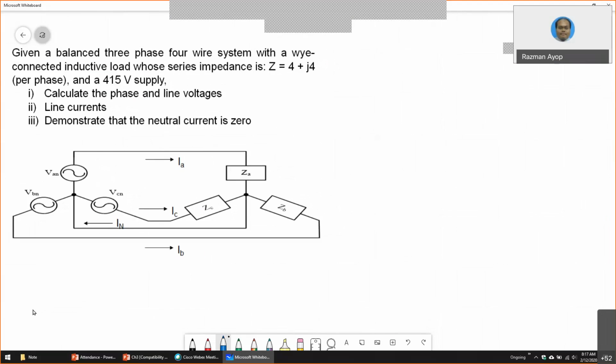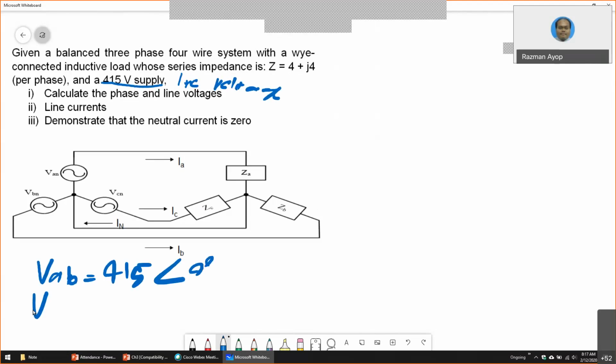First you start with line voltage because it already gives the line voltage. So you just assign it: VAB equals 415 angle 0 degree, and then you assign the others.